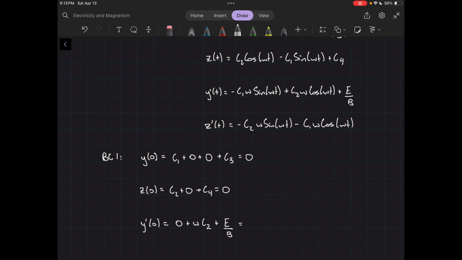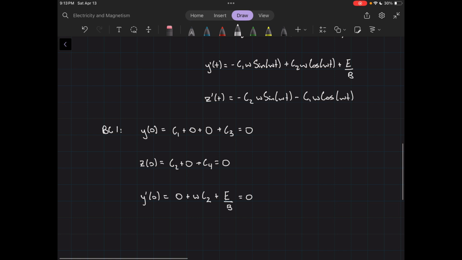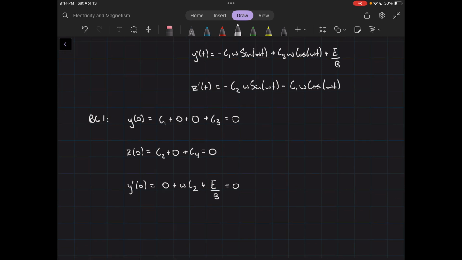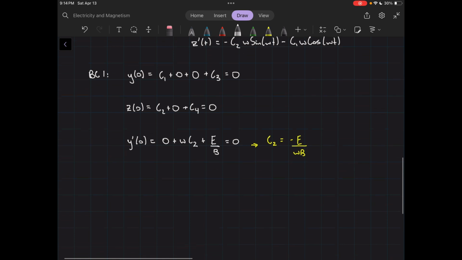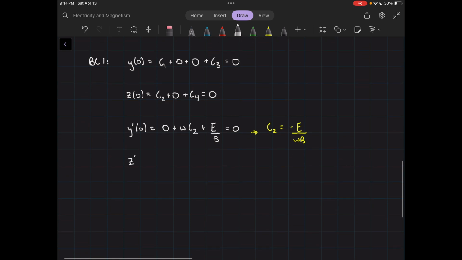which equals 0. And it's with the time derivatives that you can actually start solving for these constants. So from here we can say c2 is equal to minus E over omega B. Now the time derivative of z is going to go to just minus c1 omega is equal to 0.